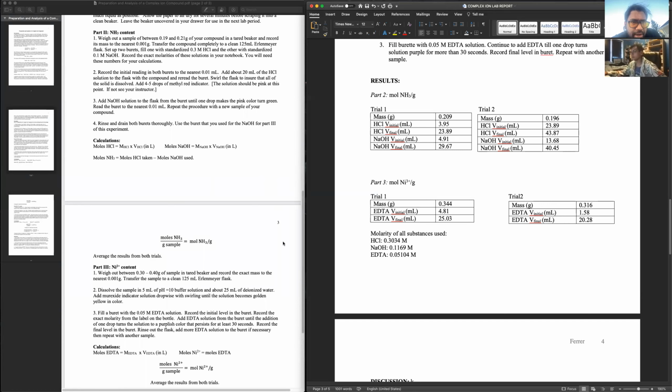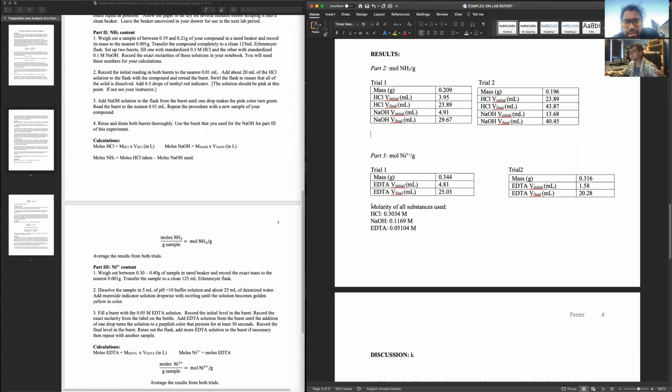So we also need molarity. The molarity of all substances used I have down here, after part 3. You subtract the final HCl from the initial, convert that into liters, and multiply it by the molarity to find the moles.